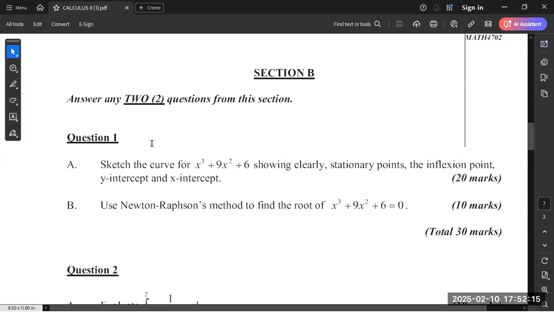Right. Somebody was speaking and didn't use the correct term, but it's really trial and error. So what I'm going to do is substitute 1 into the function, and then substitute 0, substitute 2, substitute 3.